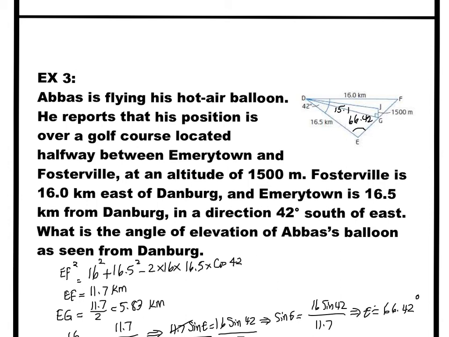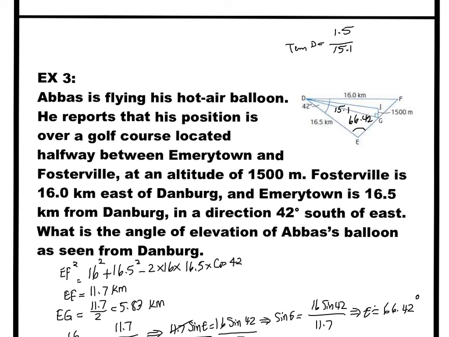I can use the tan ratio because triangle DGJ is 90 degrees at angle G. So I can use the tan ratio and I can say that tan D is equal to GJ, which is 1.5, divided by DG, which is 15.1.